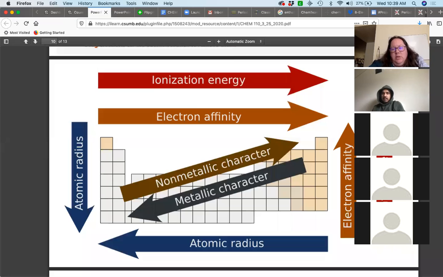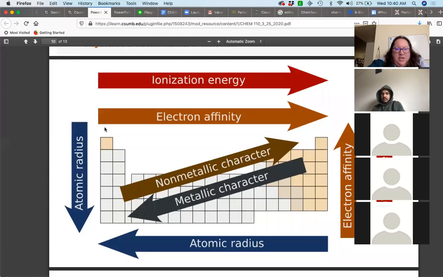So for example, we've talked about ionization energy. If you recall back to Monday's session, what is ionization energy? Ionization energy is the energy that it takes to remove an electron. So it's probably going to be really easy to remove an electron from this first group. Why? If I remove that electron, what does this atom become? It becomes the really stable noble gases.